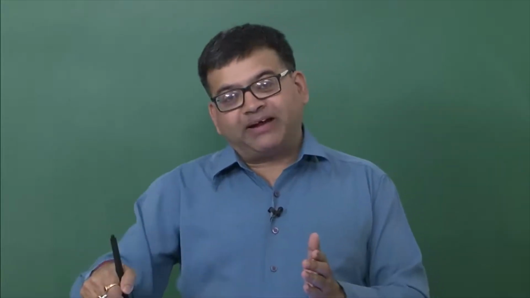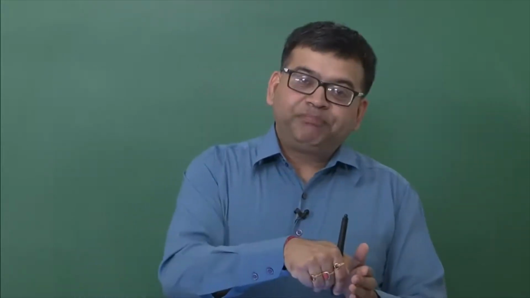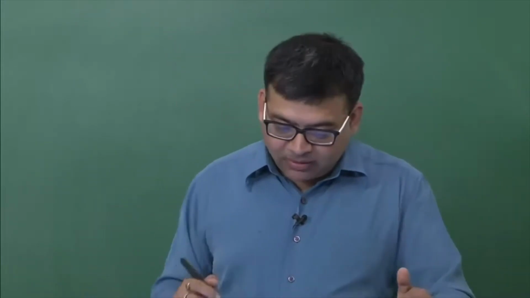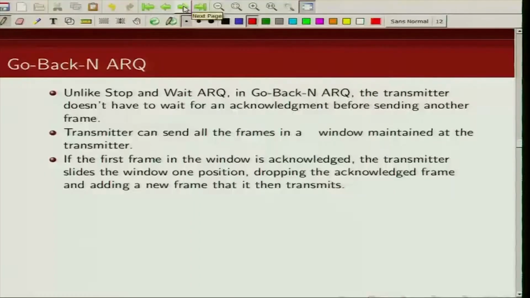You are going to send packet number N plus 2 only when you get the acknowledgement for packet number 2. So we send a block of frames or packets in this particular scheme. We do not wait for each individual packet's acknowledgement or negative acknowledgement to reach the transmitter. We are sending a block of packets, you can say.